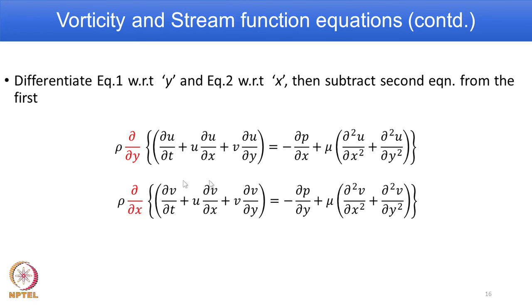Mathematically it is given here. The first equation in this bracket, the x momentum equation, is differentiated with respect to y, and similarly the second momentum equation is differentiated with respect to x. Whatever we obtain, subtract one from the other. We will take term by term and see how this is done.